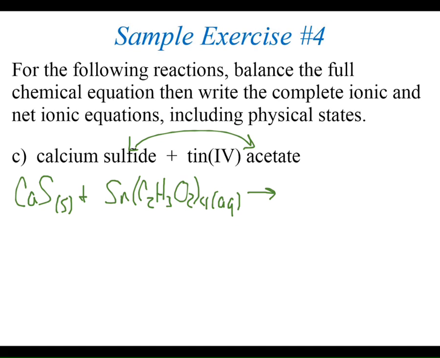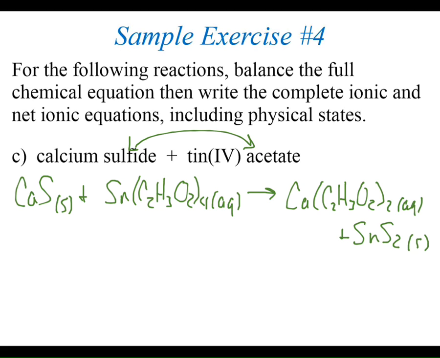We're going to make calcium acetate, so Ca(C2H3O2)2 aqueous, because all acetates are aqueous. And then tin-4 with sulfide would be SnS2 solid. Is that right? What you got?